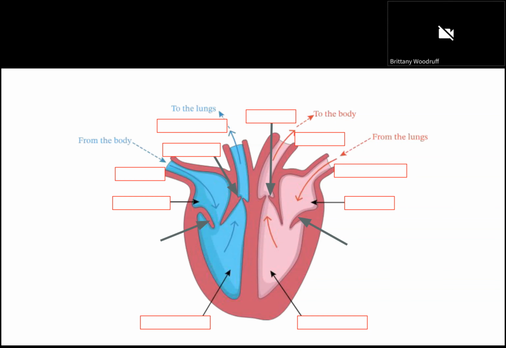Okay, pulmonary valve. We're going to go to our lungs. Our lungs are going to add oxygen into our blood. If our pulmonary artery is taking it to the lungs, what is coming away from the lungs towards the heart? Pulmonary what? Vein. Pulmonary vein.